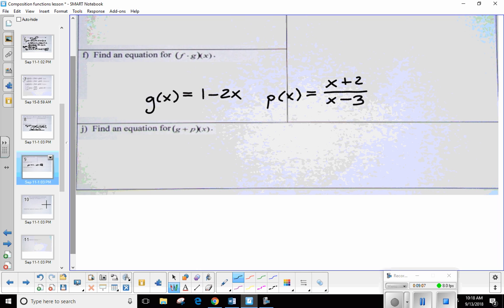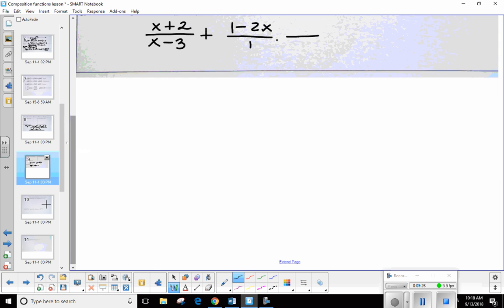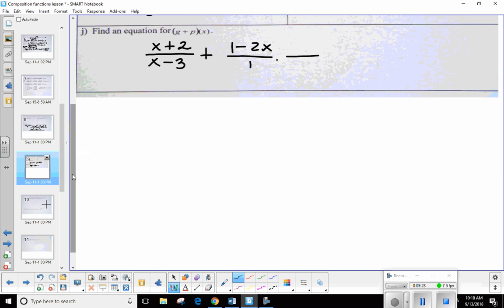So if I simply want to add those guys together, I need a what? Need a common denominator. Okay, so I'm going to start with my quotient. So X plus 2 over X minus 3, plus 1 minus 2x over 1. And looking at this, what is my common denominator? It is x minus 3.